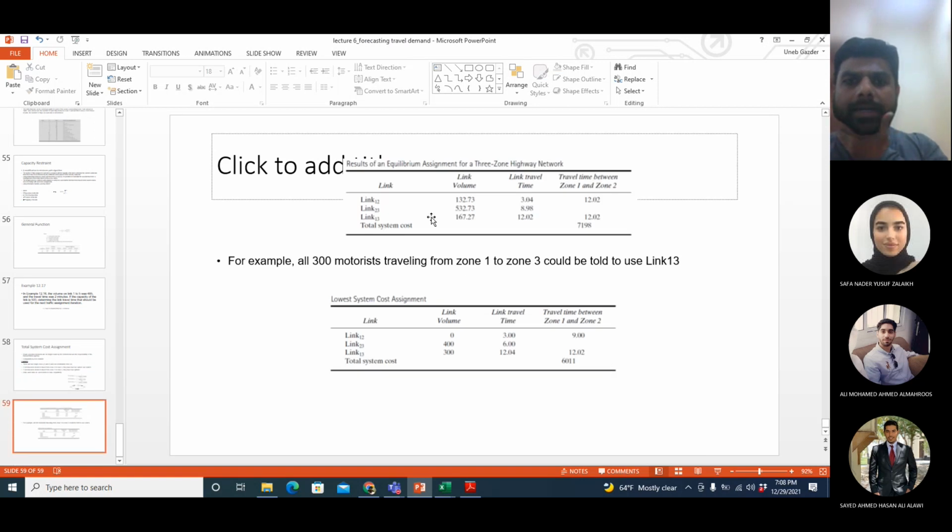So if you choose equilibrium, you want to make sure the total travel time to go from 1 to 3 from both routes is equal.